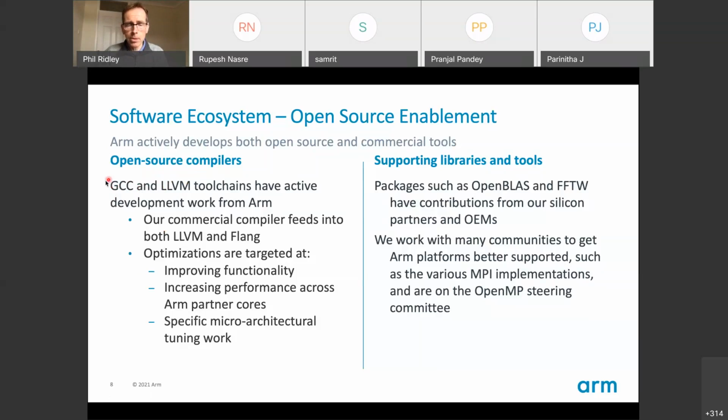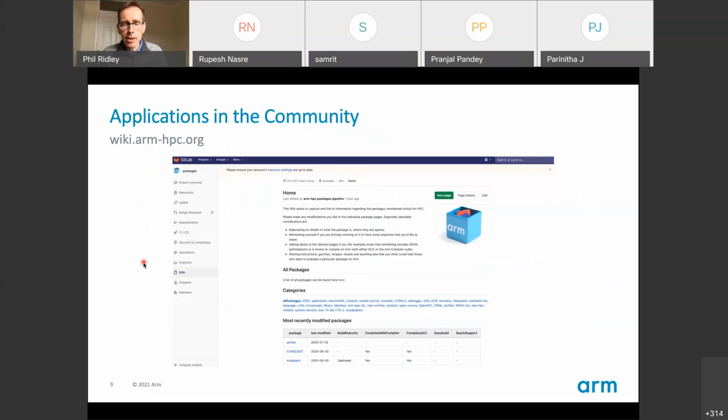So you can see we do actively support the open source community. We also have a community website where we encourage anyone to contribute, and it lists packages and how to build them with our compilers or open source compilers. If you're on an ARM architecture and you have a package you want to build, I'd recommend looking here first, because you might find information on how to build it.